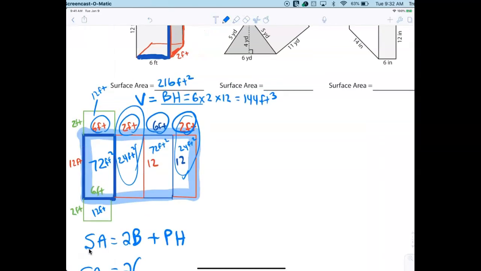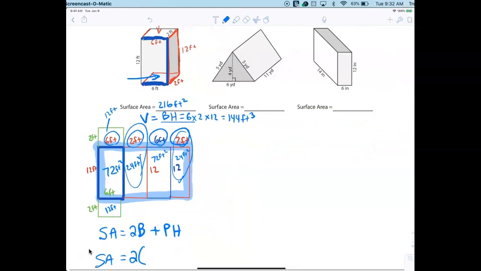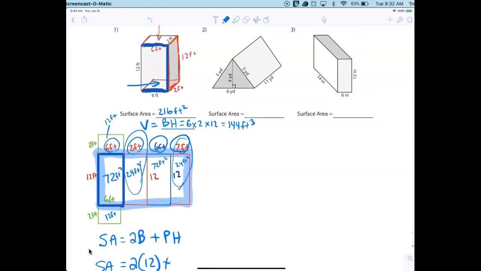Because this is the base, and the base would just be 6 times 2, which is 12. 2 times 12 plus, I need the perimeter of the base. 6 plus 2 plus 6 plus 2, which is 16. The perimeter of the base is 16.